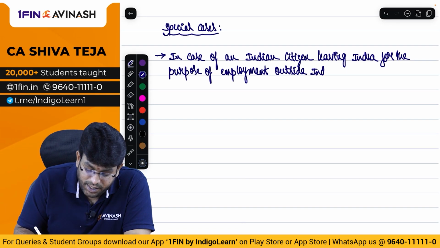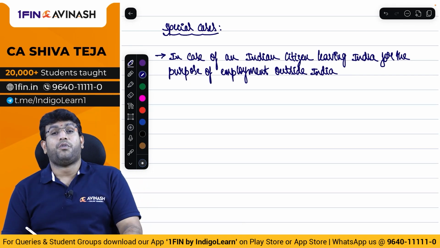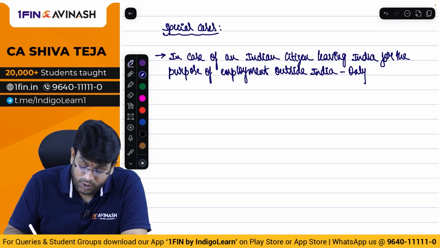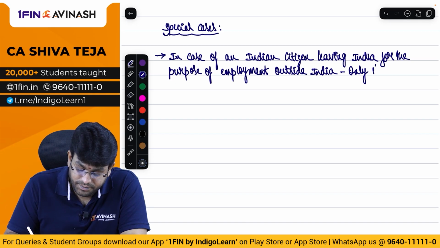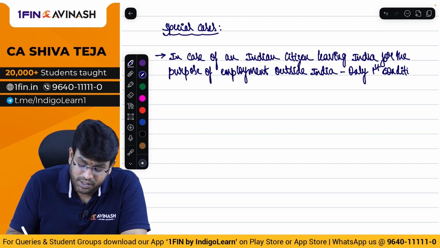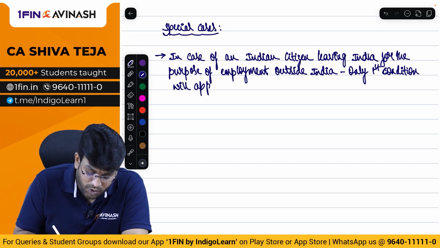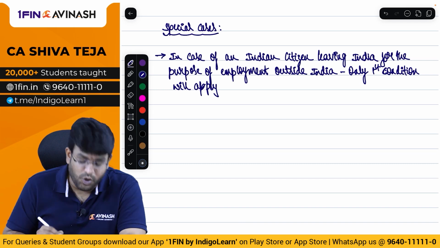If he is an Indian citizen who is leaving India for the purpose of employment outside India, what they told in the law is only the first condition will apply. That means the second condition called 60 and 365 does not apply.